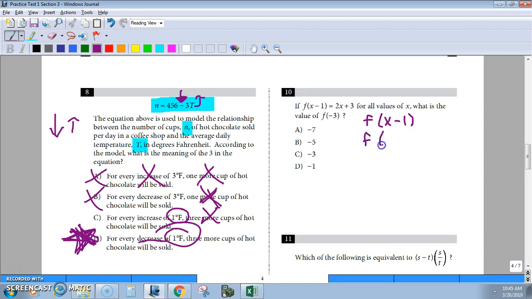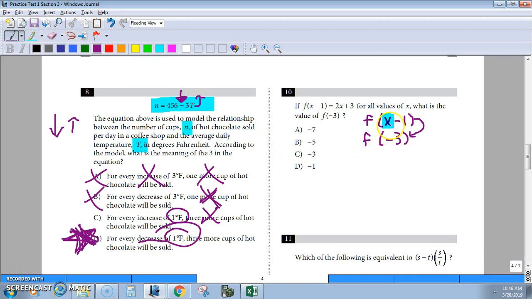It wants us to do f of negative 3. So you have to think to yourself, how am I going to make x minus 1? What value am I going to input for x to make that negative 3? Okay, what value of x is going to make this negative 3? And that is going to be negative 2.